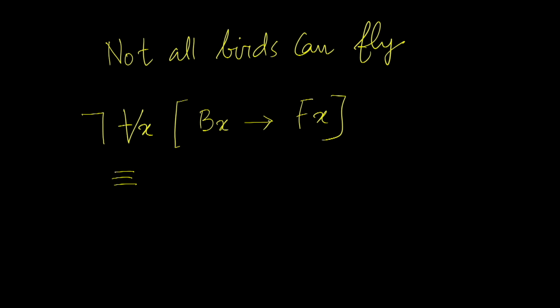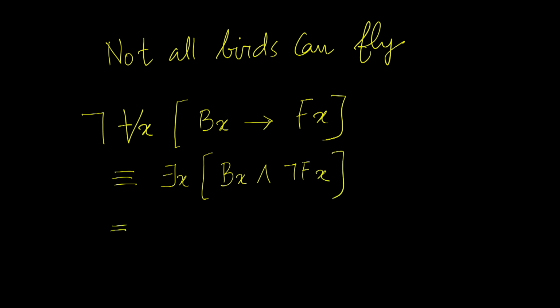Once again, if you take the negation inside the brackets, the quantifier flips, we have there exists x, then we have the negation of the implication B(x) implies F(x). But the negation of an implication is the conjunction of the antecedent and the negation of the consequent, which means we have B(x) and not F(x).